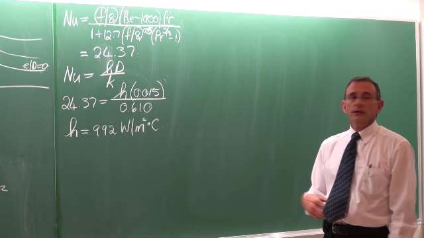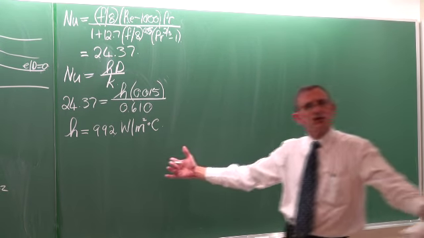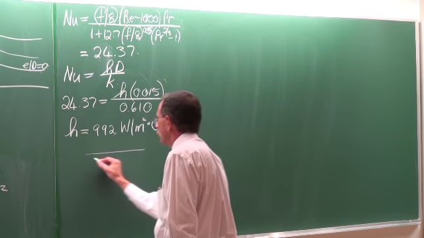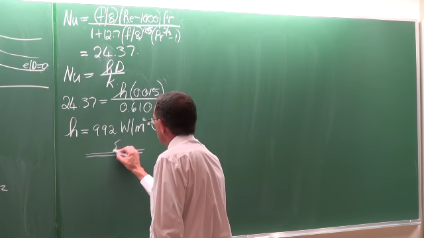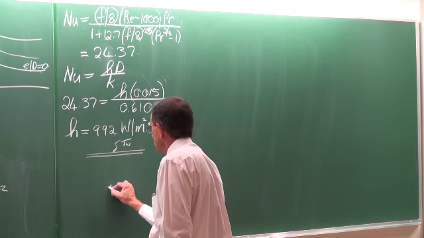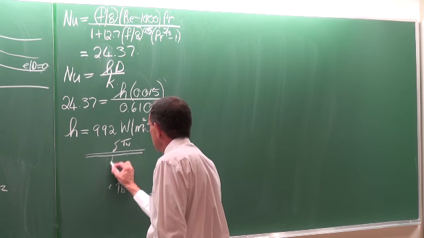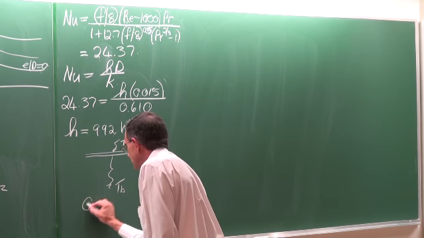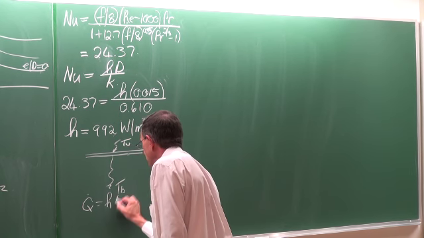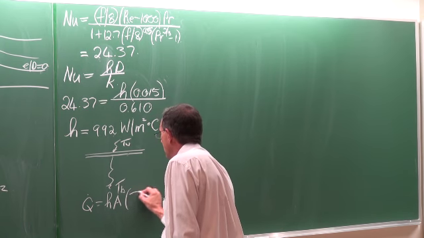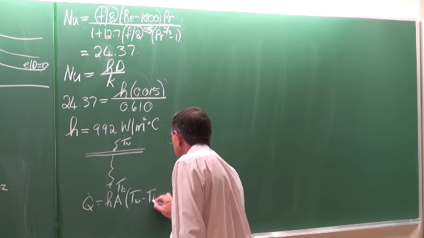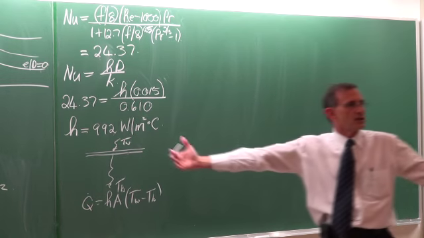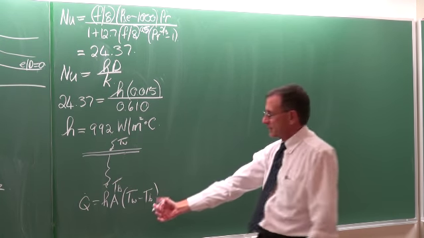Now, in principle, what does the heat transfer coefficient mean? It means that if you've got a wall, there's the wall, and here's the bulk temperature, then it would give the heat transfer rate. Q is equal to the heat transfer coefficient multiplied by the area multiplied by the temperature difference. That is the meaning of that.